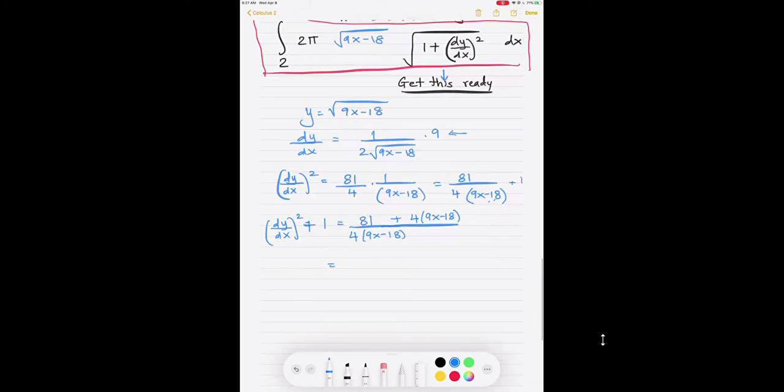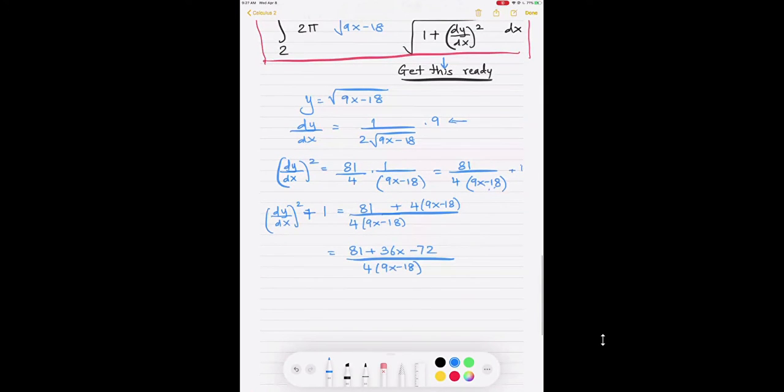So we are just going to then take care of business up on the numerator, which is 81 plus 36x minus 72 over 4 times 9x minus 18. So that gives us 36x plus 9 over 4 times 9x minus 18.